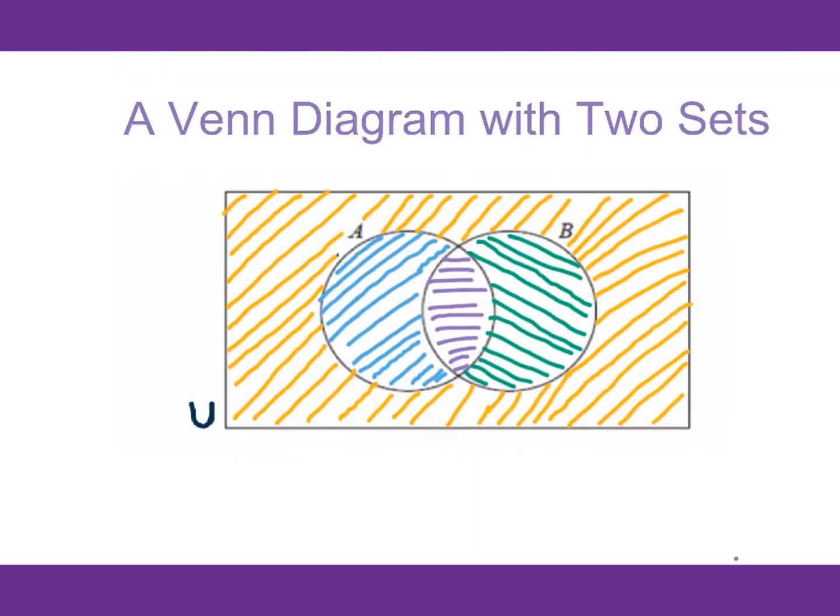First of all, let's talk about a Venn diagram with two sets. What does the section with a different color mean?